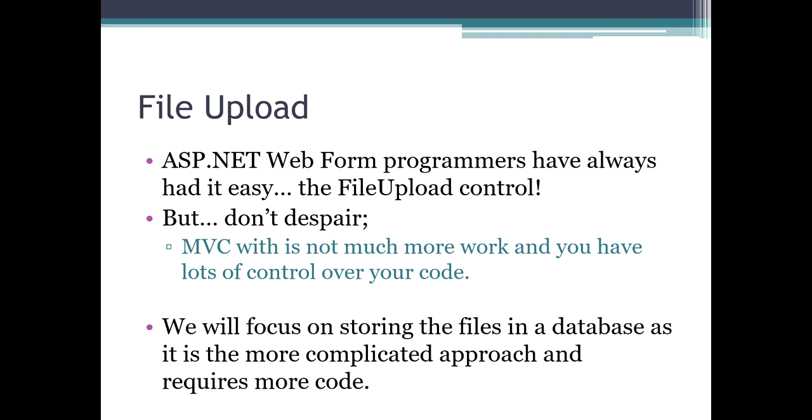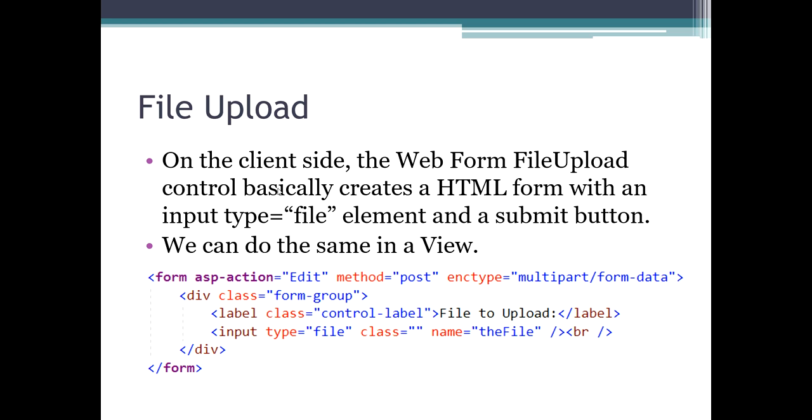Okay. And we're going to focus on storing files in the database, as I said. It's a little bit more complicated, requires a little bit more code, but really it's very, very doable and we're in full control. So what's it going to look like? Well, in our actual view, in the HTML of the page itself, the most important thing we have to add is what we see here in the opening form tag.